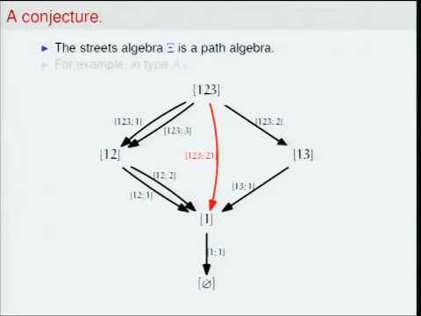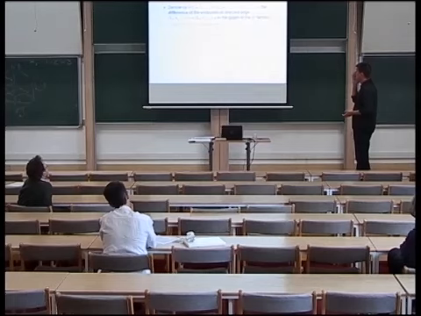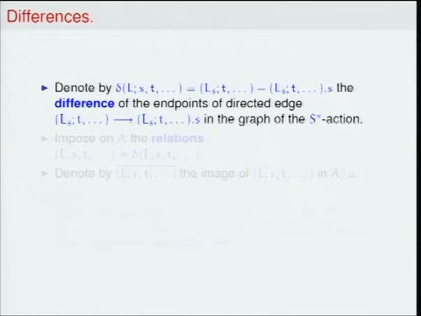But as a path algebra, this algebra actually also needs an extra edge which goes from a subset of size 3 to a subset of size 1. But that's the quiver of which the street algebra of type A3 is a path algebra. So that's the subalgebra construction.